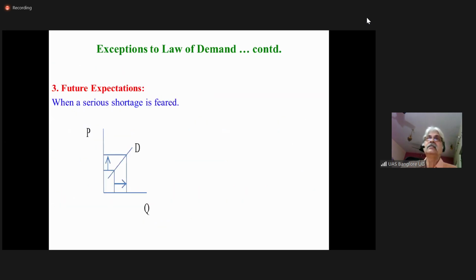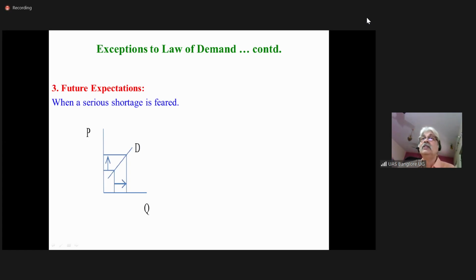And the third reason for exceptions to law of demand, future expectations. As I mentioned earlier, suppose you fear that in the near future, next week or coming month, there will be a serious shortage of petroleum. Today itself, you'll take all the cans you have, or you purchase 2 or 3 cans in the market, plastic cans, 5 liters, 10 liters, and you will run to the petrol bunk to purchase petrol. And the petrol bunk will definitely increase the price.